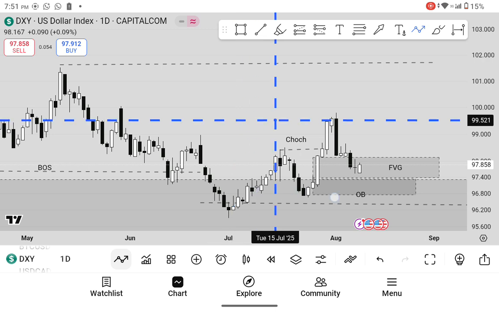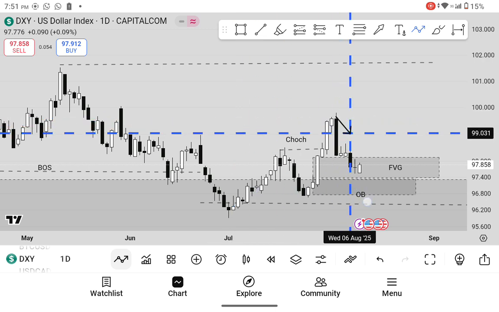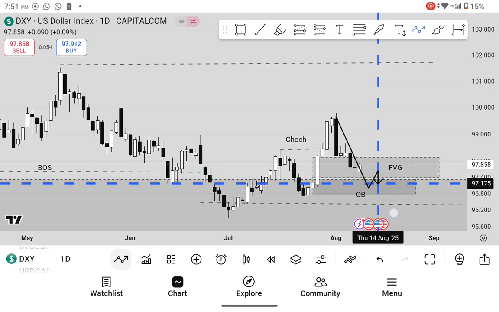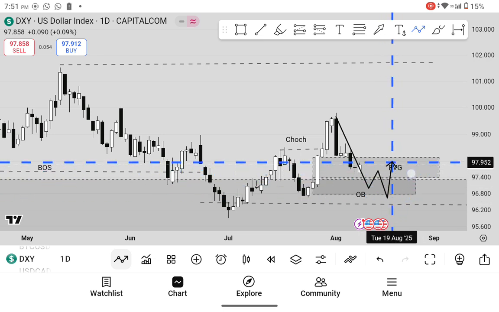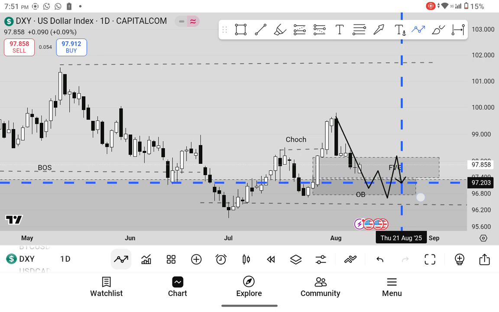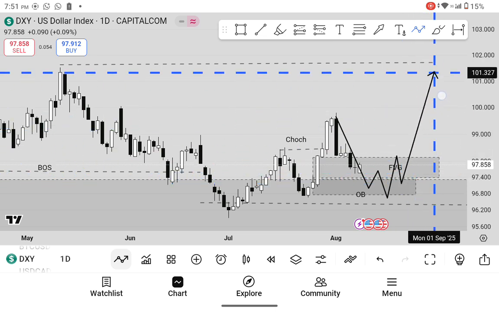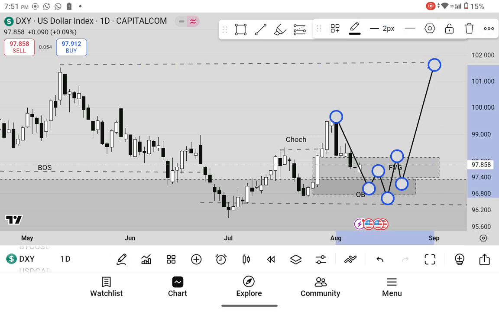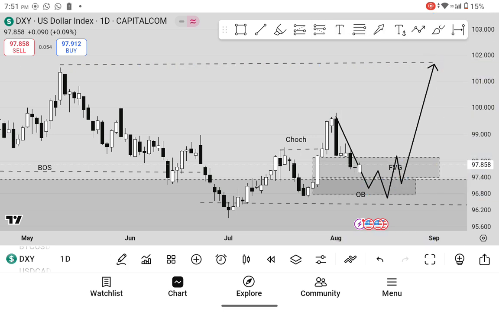So I'm expecting DXY to come all the way to the downside, take out this level, give us our change in the state of delivery like this, and we take our buys up the way to the next draw on liquidity. So this is how I'm looking at my DXY. But then probably we'll look at this move maybe Monday or Tuesday. So we are expecting Monday or Tuesday for a sell.